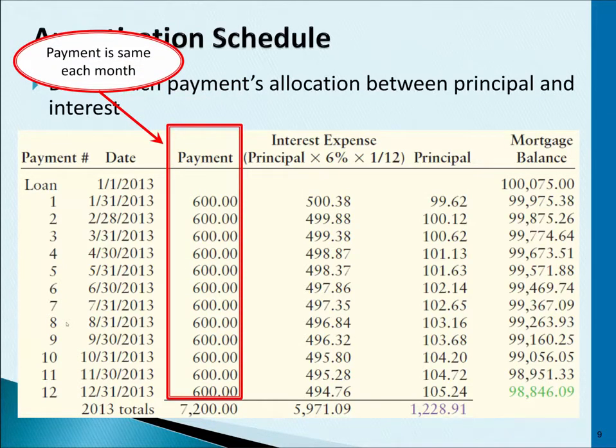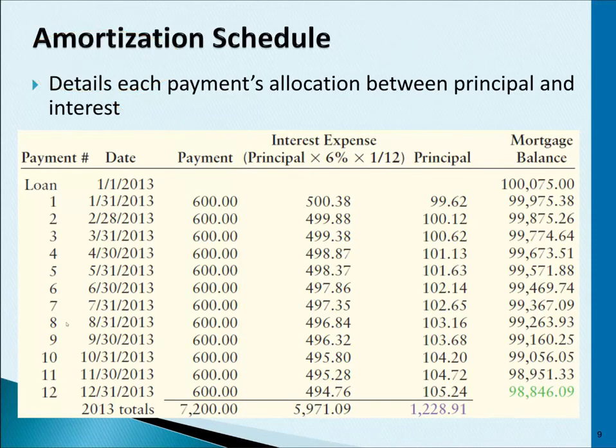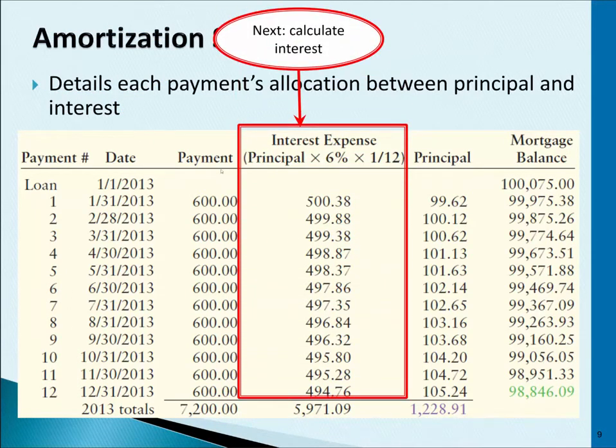First of all, you're given the payment, and the payment remains the same every month. Next, we have to calculate our interest expense. Remember, the formula for simple interest is principal times rate times time. And since these are monthly payments, the time portion is 1 divided by 12, 1 month out of 12.